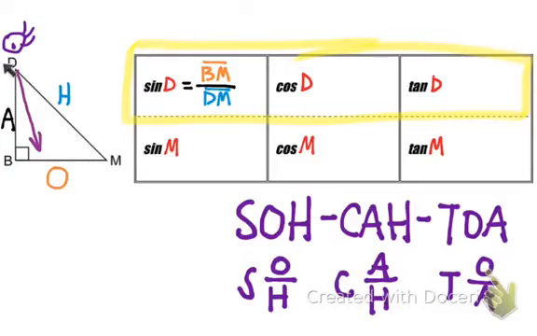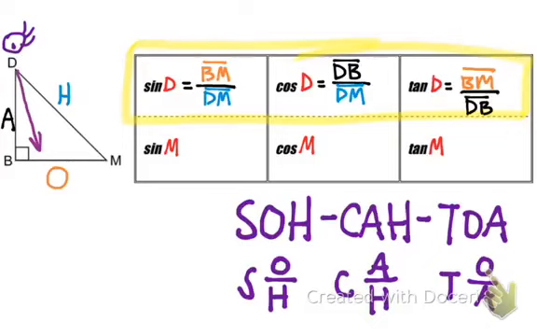So the adjacent side from angle D is DB, and that's going to be over the hypotenuse, DM. And finally for tangent of D, that's the opposite side over adjacent. So again, looking from angle D, tangent is the opposite side over the adjacent side, so BM over DB.